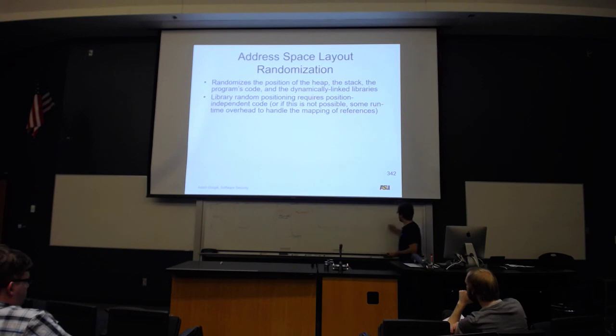You got your stack going backwards, all good. You have your library somewhere, right? Let's say program A uses libc, libmath, and libgl, right? So you'll put libc, libmath, and libgl. Another program might just use libc and libgl.